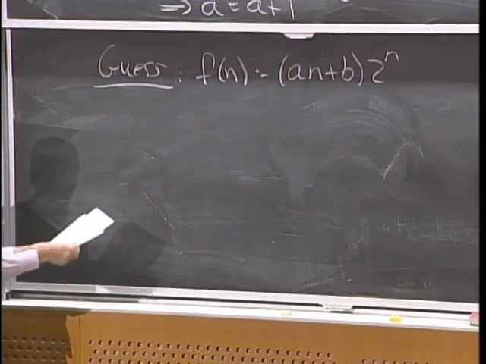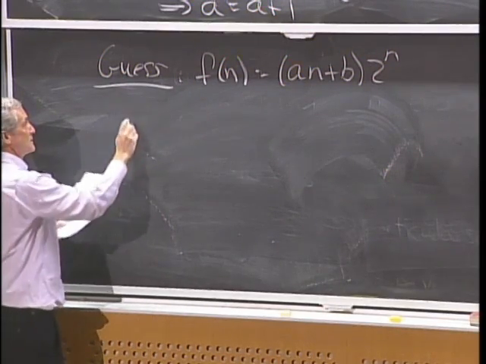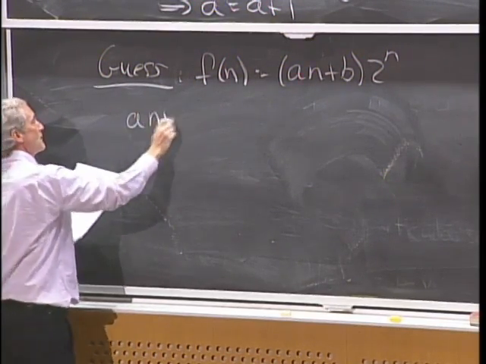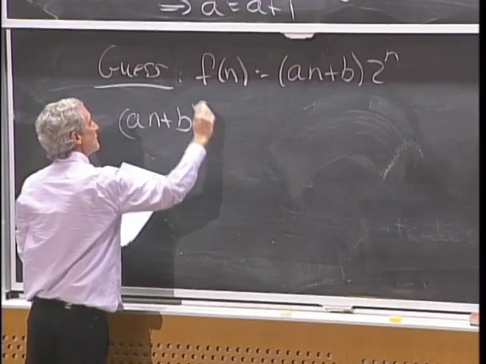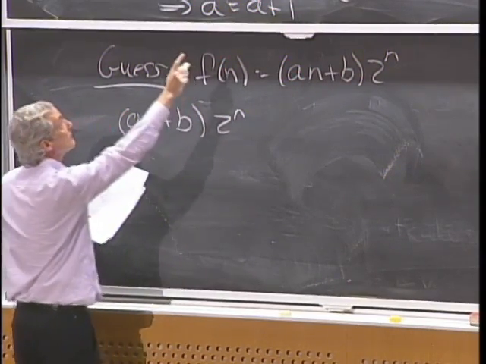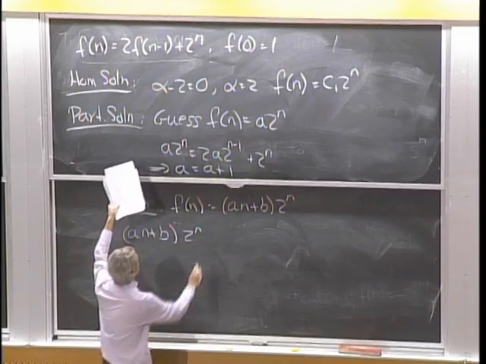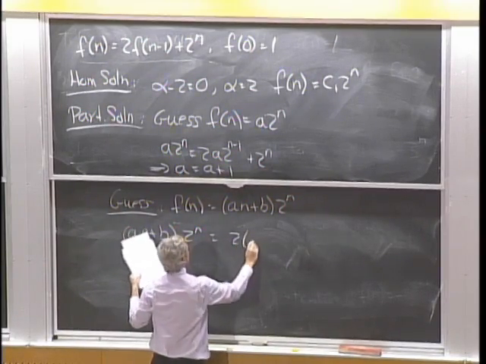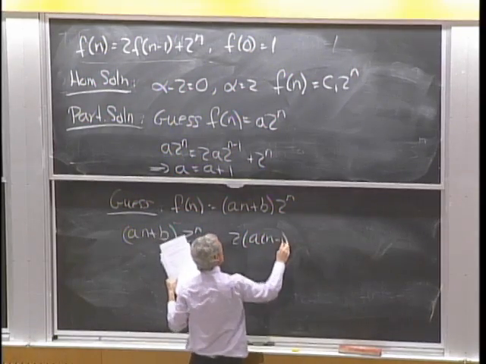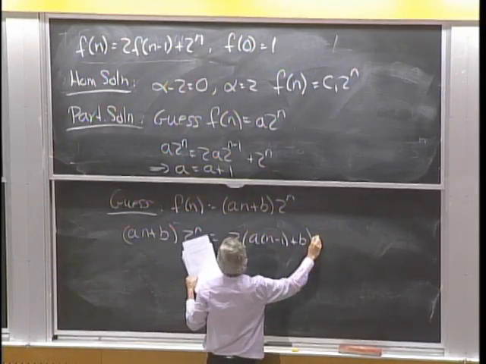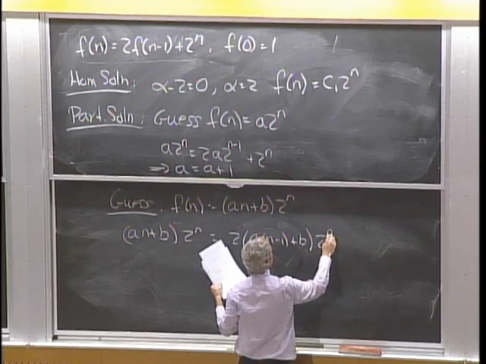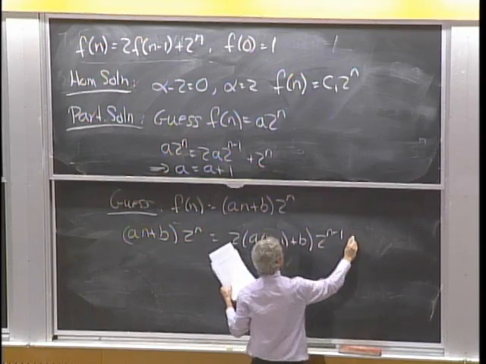We'll hope for better luck. So let's plug that in. An plus b 2 to the n into, where am I? Up there. Equals 2a n minus 1 plus b times 2 to the n minus 1 plus 2 to the n.